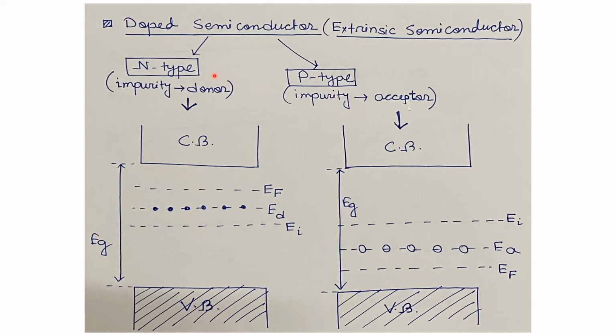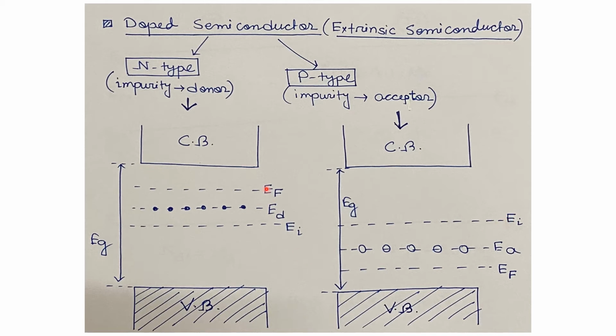In the N-type semiconductor, the doped impurity acts as a donor of electrons to the conduction band. Hence, the electron density in the N-type semiconductor will be increased. But in the p-type semiconductor, the doped impurity acts as an acceptor of electrons from the valence band. So here the hole density will be enhanced in the p-type semiconductor.